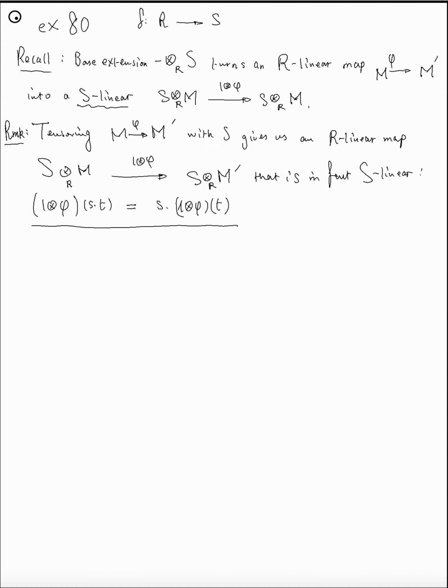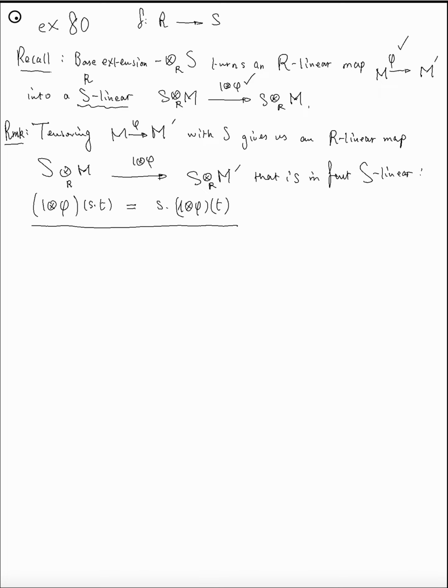Here, more rigorously, we only know that this is R linear, not S linear, because to use the fact mentioned, you tensor this R linear map with another R linear map, the identity map, although it's over S, although it's S linear, it's also R linear. So in particular, this tensor product of two R linear maps gives you an R linear map.